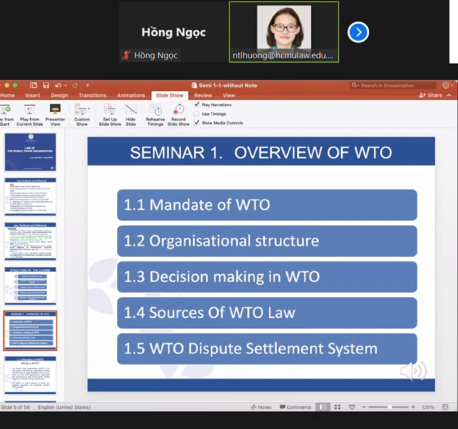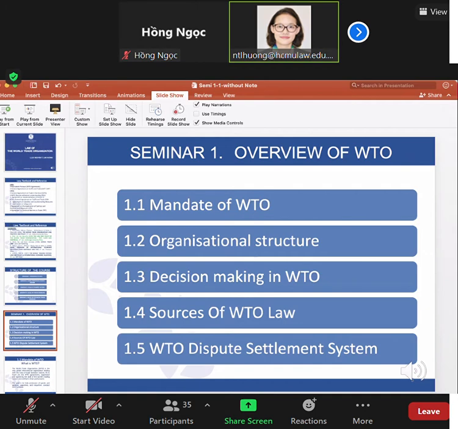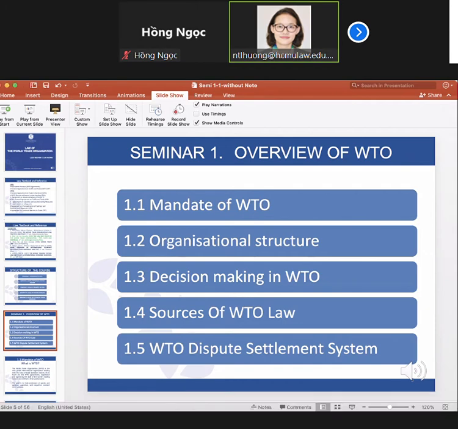Also, we're going to go very briefly to the sources of law under the system, and the agreement system of the WTO. At this level, you may have no idea how an international organization runs and how its law is designed and kept together to make the system work well for about 26 years until now.